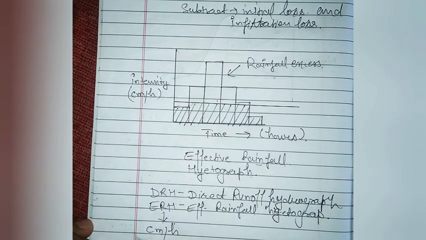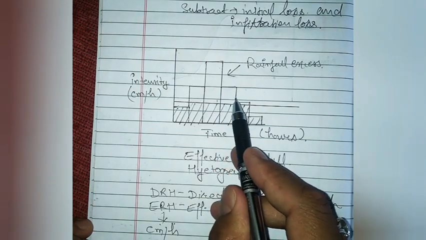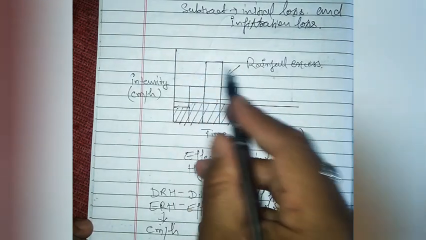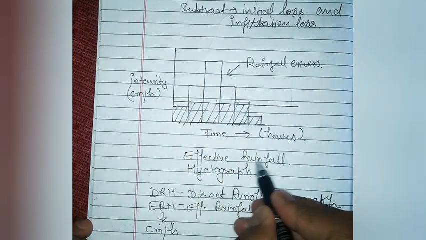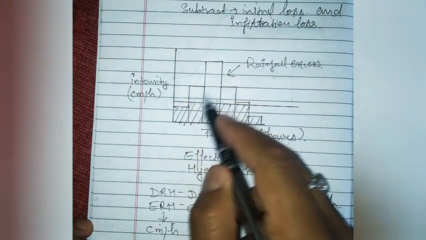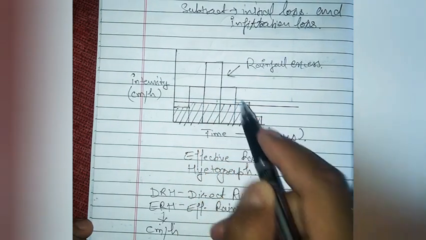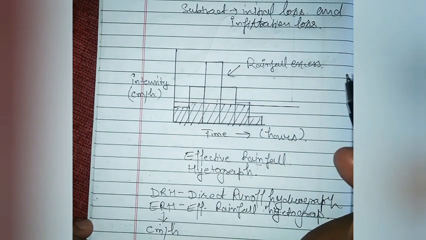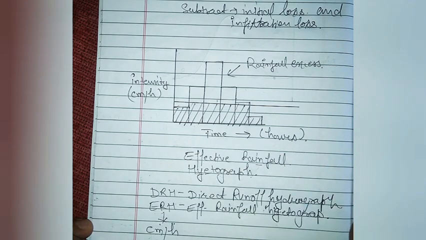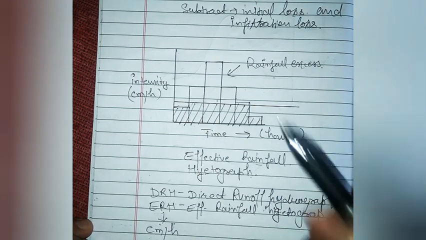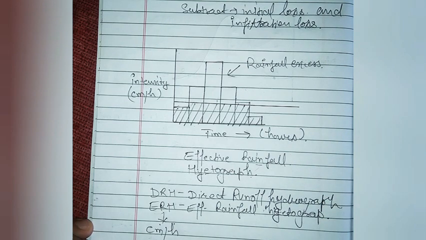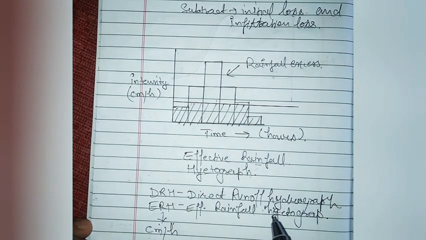So what we do is multiply the area of this effective rainfall hyetograph by your catchment area, and that will give you the total volume of the direct runoff.